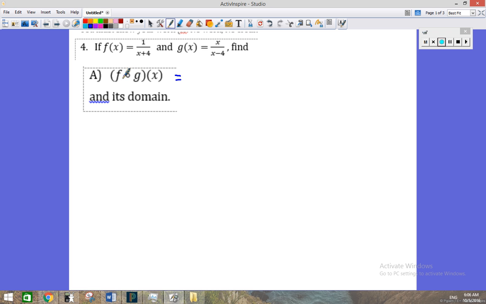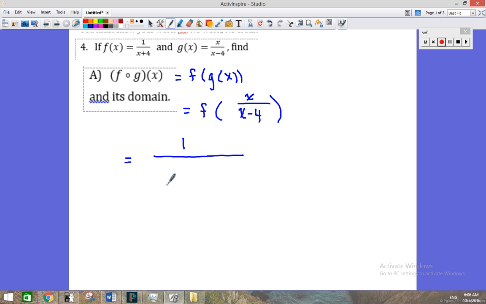So, f composed with g is f of g of x. g is this rational function, and f always creates a fraction with 1 in the numerator.